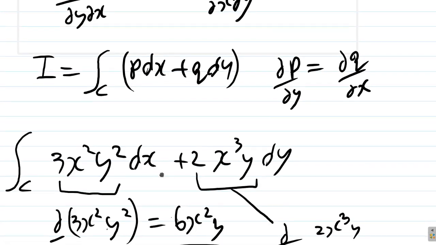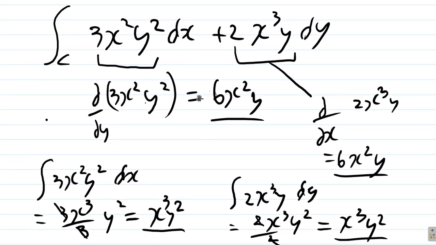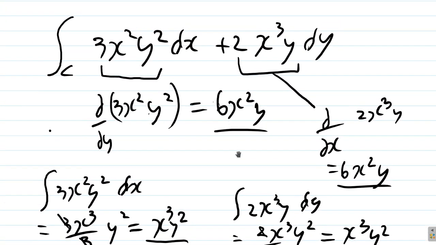So the function that we have here, z, is x cubed y squared. But anyway, what this shows is that the integral we have here is an exact differential, right?